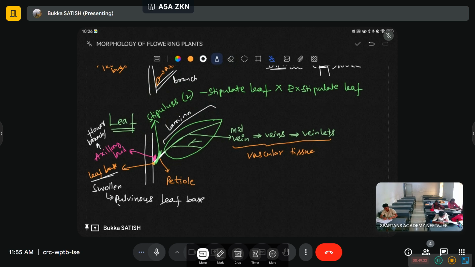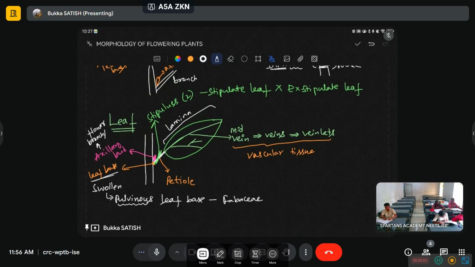If it is swollen, it is technically called pulvinous leaf base. This we are going to see in the Fabaceae family, that is the Leguminosae family. So this is about different parts of the leaf.